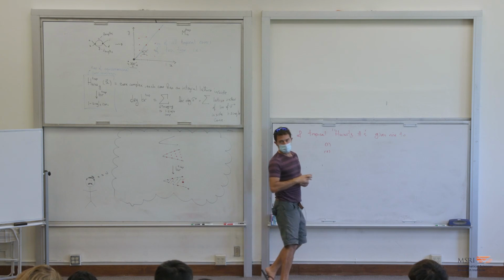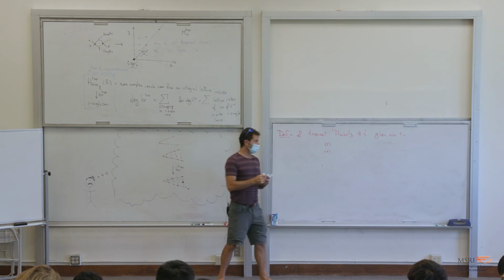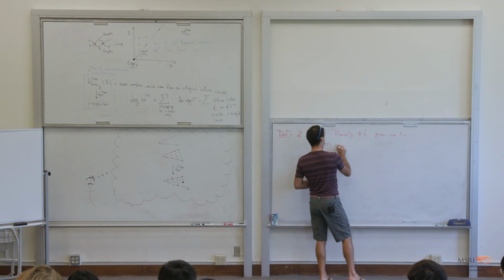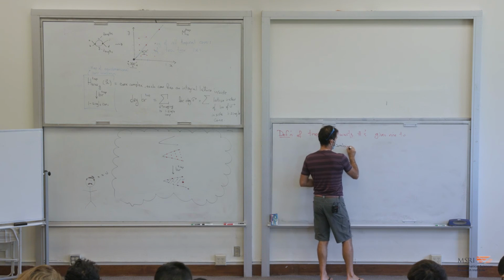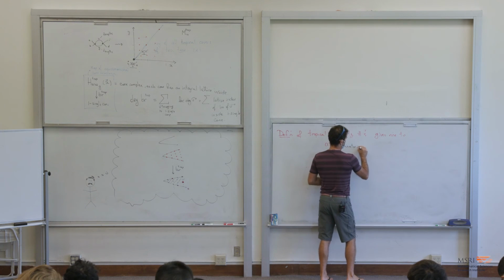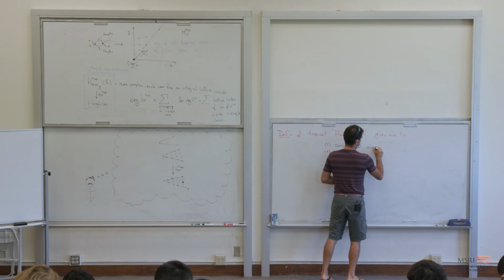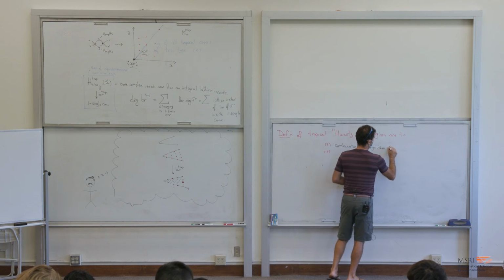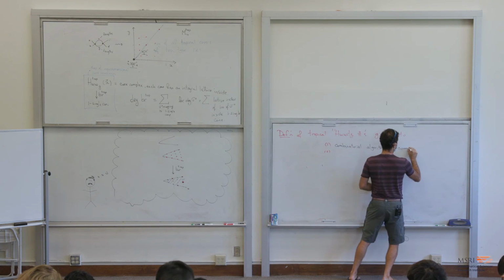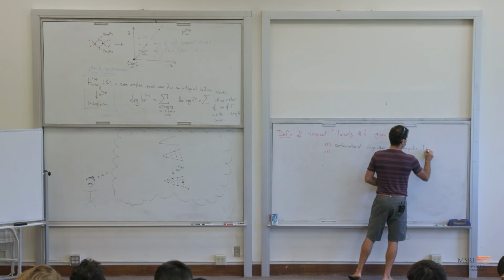One thing is a combinatorial algorithm to compute tropical Hurwitz numbers.